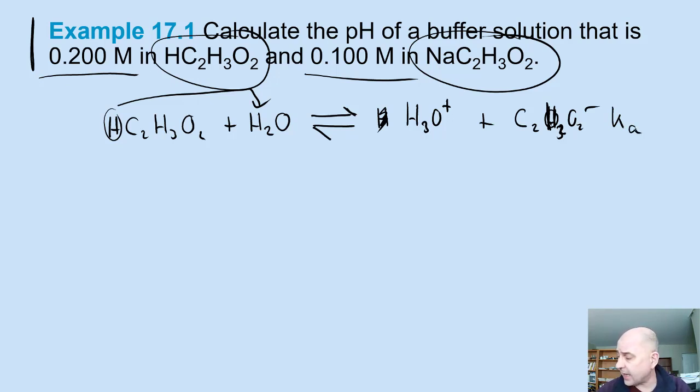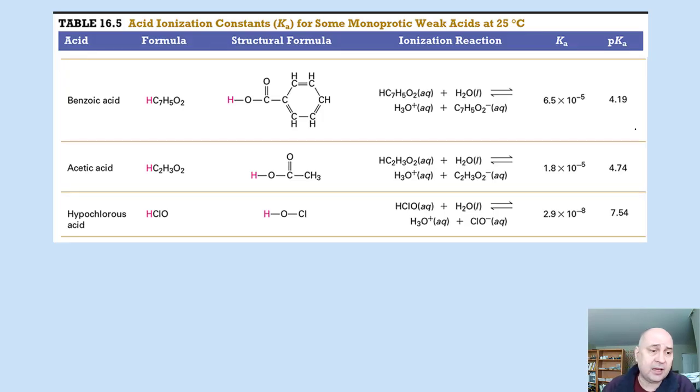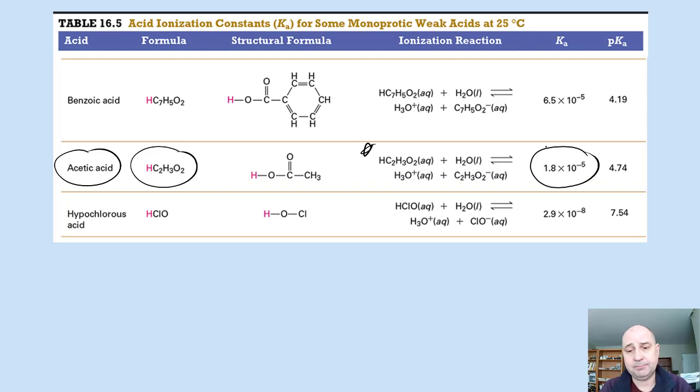And you can look that Ka up here, right? This is just a truncated little table. You find the acetic acid. Okay, here's that equilibrium we just wrote, and here's a Ka. Now, there's a relationship between the Ka and the Kb of the conjugate base. So this is what I was talking to you about, understanding that these two work together.